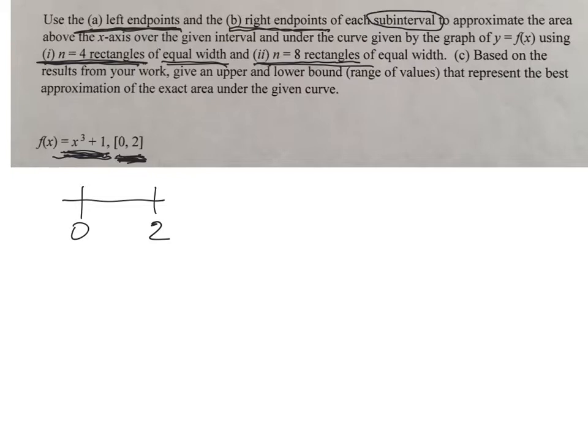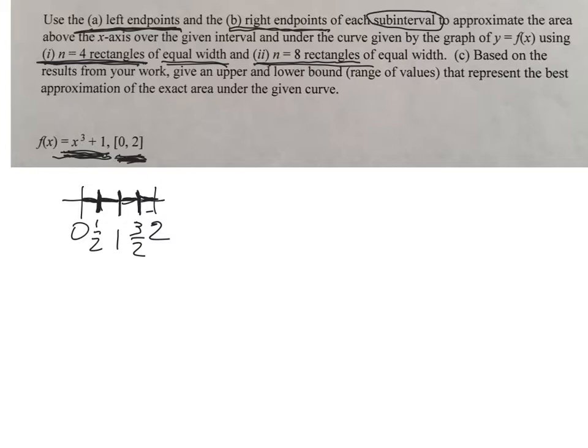So if we go 4 parts, what do we need to chop it into? We go from 0 to what? Okay, 1/2, then 1/2 to 1, 1 to 1.5, or it's actually easier to write it as 3/2 for now. And then from 3/2 to 2 would be our 4th subinterval. So we've got 1, 2, 3, 4 subintervals here. Okay.